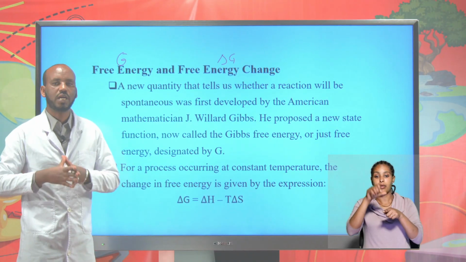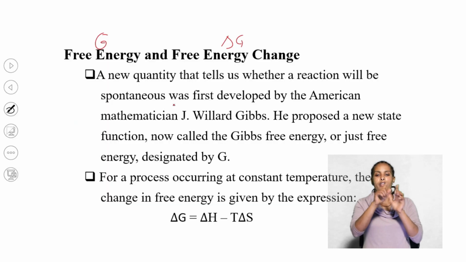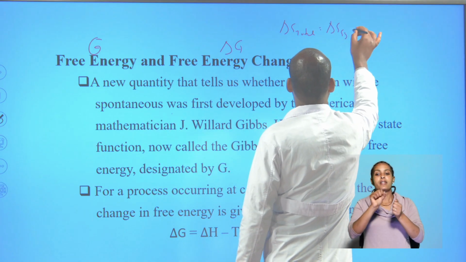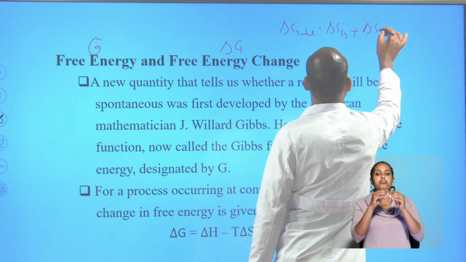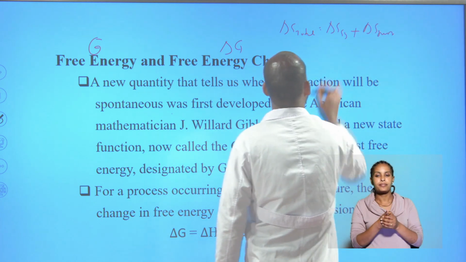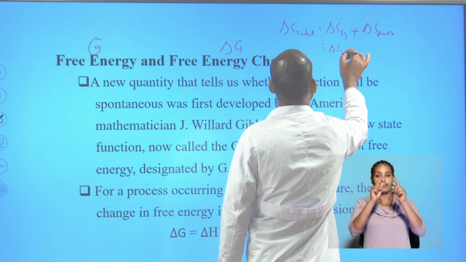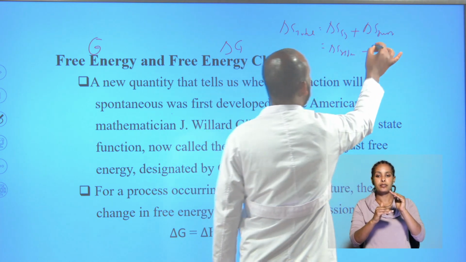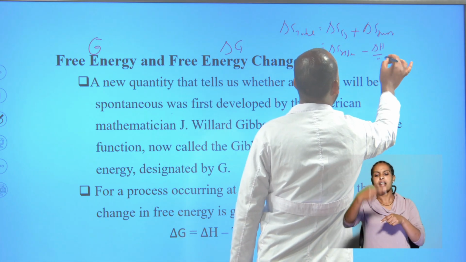Note that from the second law of thermodynamics, we have the total entropy change, delta S total, equal to the change in entropy of the system plus the change in entropy of the surroundings, which equals the change in entropy of the system minus delta H divided by temperature.